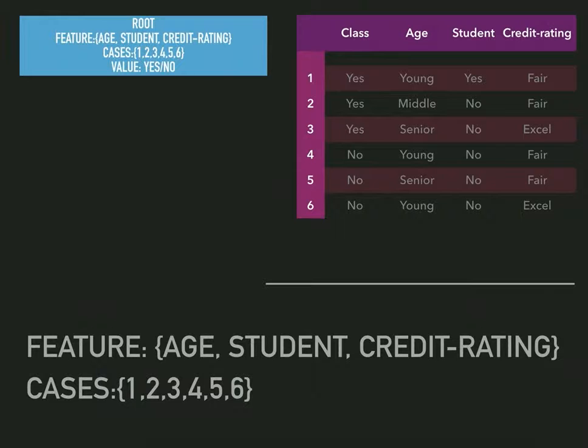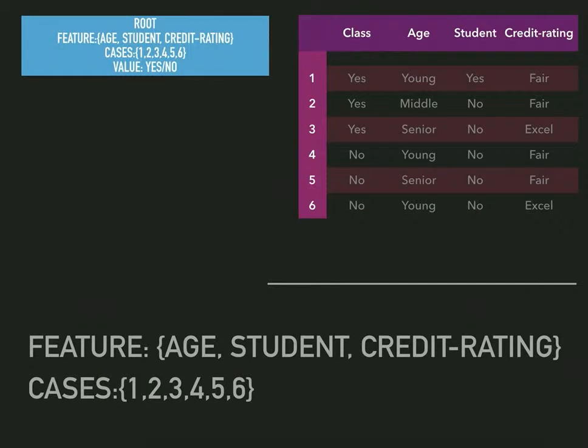And from the root node, we will continue to build each child and each child's children until one of these three conditions is met. The first condition is that all of the class values of a node converge into one value, which means that the node's cases only contain one class value.